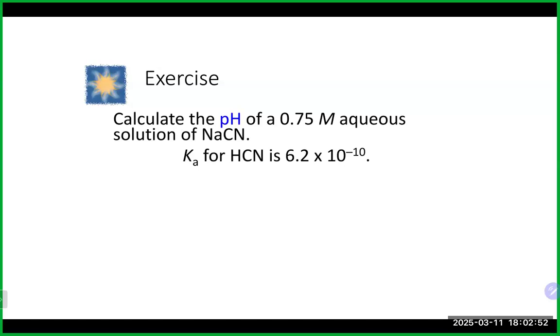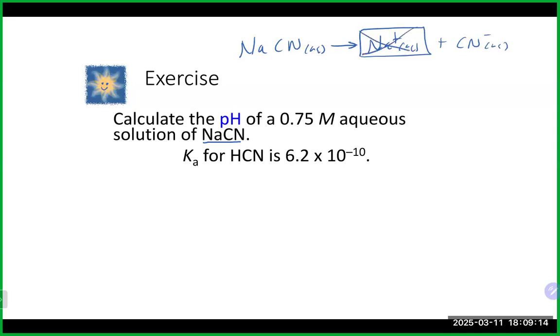What is the pH here of a 0.75 sodium cyanide solution? Okay, so once again, let's take a look. We've got another salt, so we're going to break it apart and try to identify if anybody here is going to go through hydrolysis. Hopefully at this point we know sodium will not, for the same reasons we talked about previously.